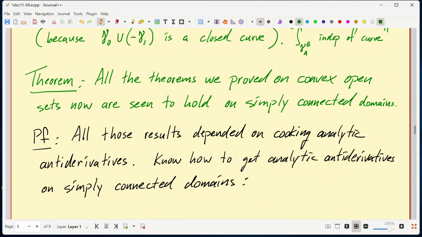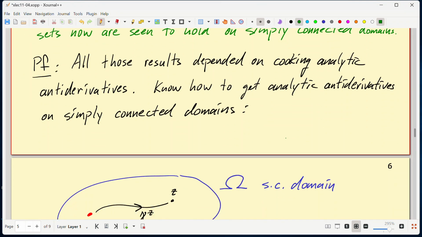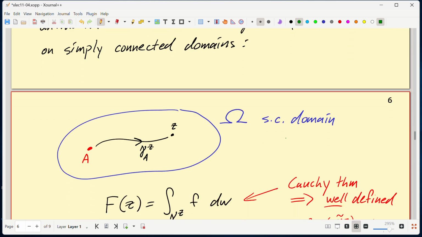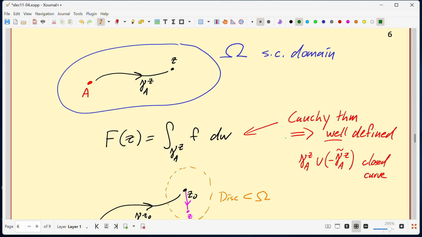And I mentioned in previous lectures that whenever you know the Cauchy theorem, you get the same results. So for example, I proved back that you can cook up analytic antiderivatives whenever you know the independence of path. Remember how that went? By analogy with the convex case, it's natural to try to define an antiderivative as an integral along any old curve that starts at a fixed point A and goes to Z. The Cauchy theorem told me that that's well defined.